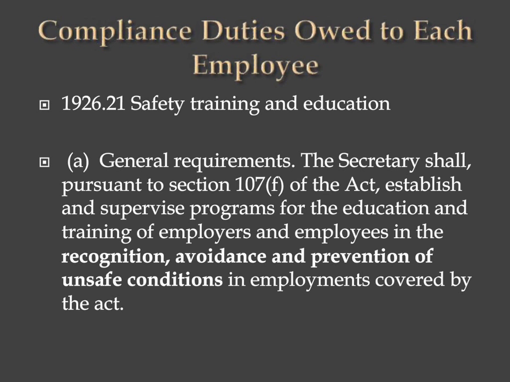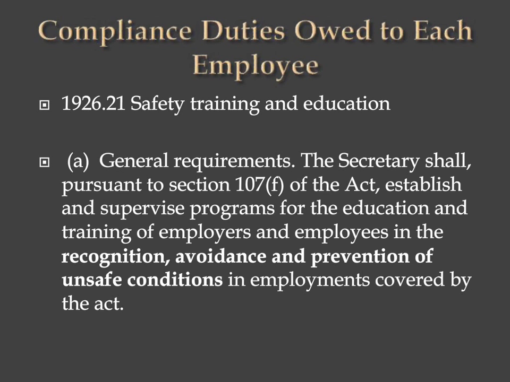Now, the rest of that particular statement says unsafe conditions in the employment covered under the Act. So, when you put together that training program, and we're going to talk about something called the job safety analysis in a few minutes, that means you have to memorialize in writing in a JSA, and it needs to be kept on a job site, what the job or task is that those employees are going to be accomplishing, what training they received, and what the hazards are.